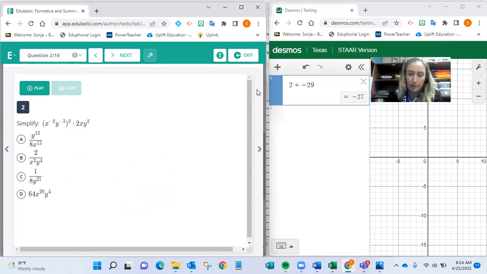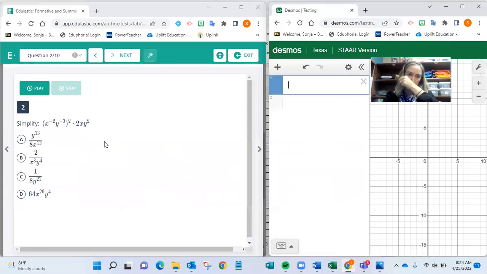Whereas on this one, I'm going to first make sure I multiply. So here I need to make sure I multiply first. And then I have a power to a power, which means to multiply. So -2 times 2.